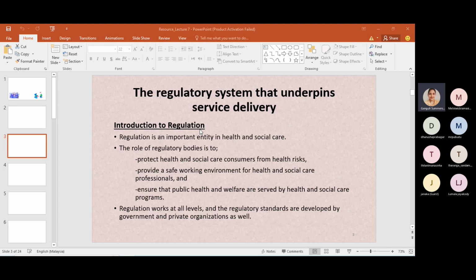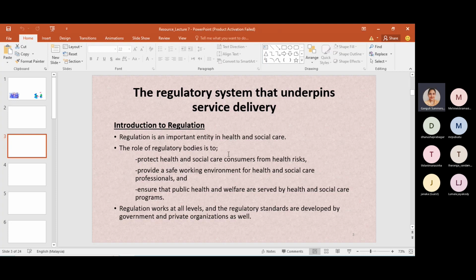Even in audits, the auditor checks whether things are done properly or not, and in regulation also, the regulators check whether everything is done properly. In that aspect, yes, it's something like an audit, but there is a very clear difference between regulation and audits.